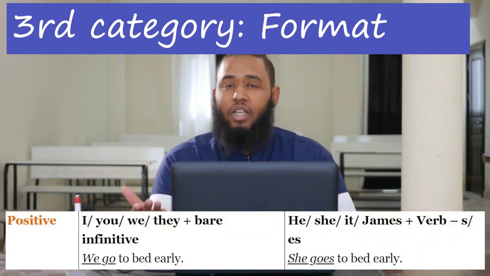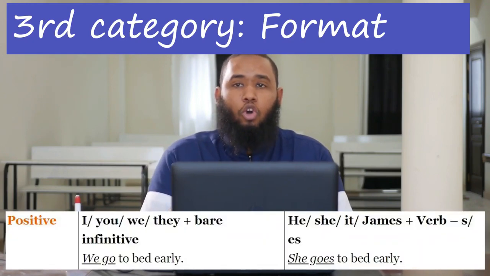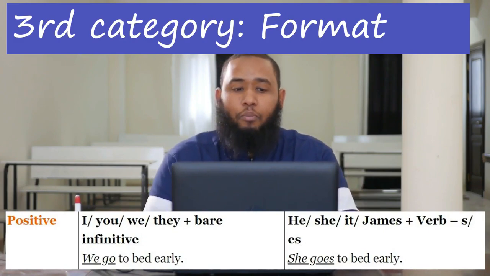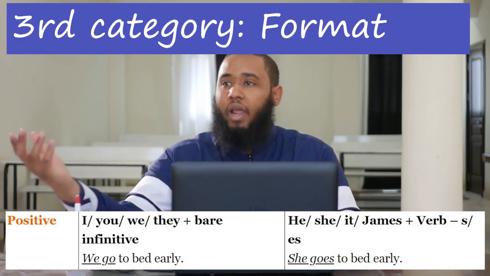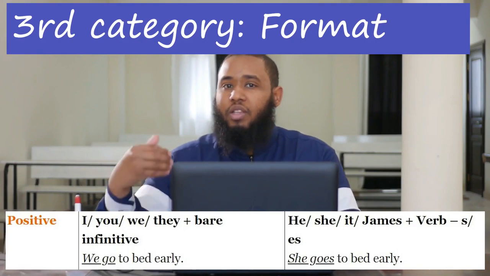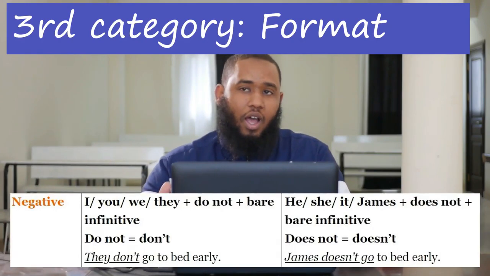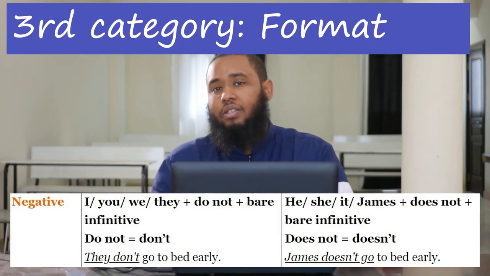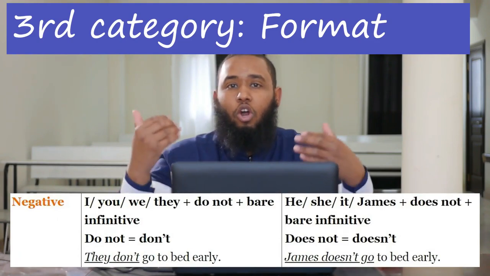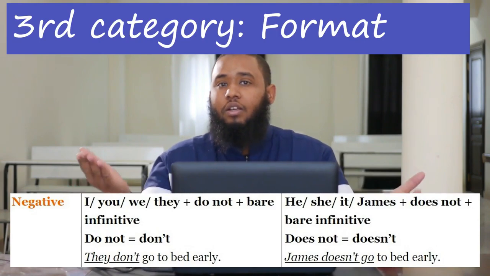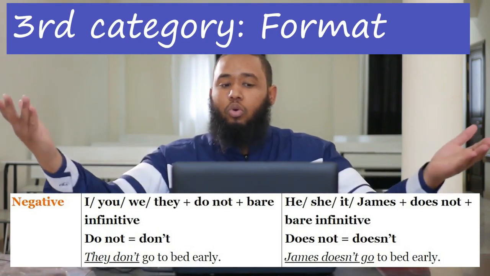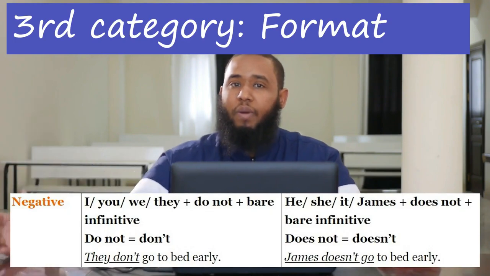A positive sentence, you're talking about what is happening. So for example, we go to bed early. Something that you are doing. We go to bed early. It's positive. A negative sentence is you're saying we don't go to. You negate the specific action. We don't go to bed early. They don't go to bed early.